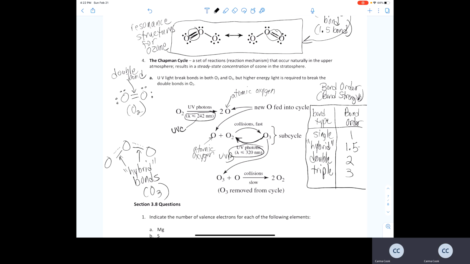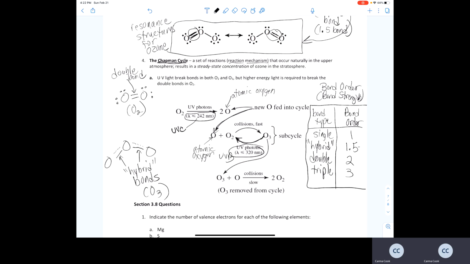And these 2 oxygen atoms get fed into what's called the Chapman cycle. The Chapman cycle is a set of reactions, which we call a reaction mechanism, that occur naturally in the upper atmosphere, which we call, of course, the stratosphere and the ozone layer.